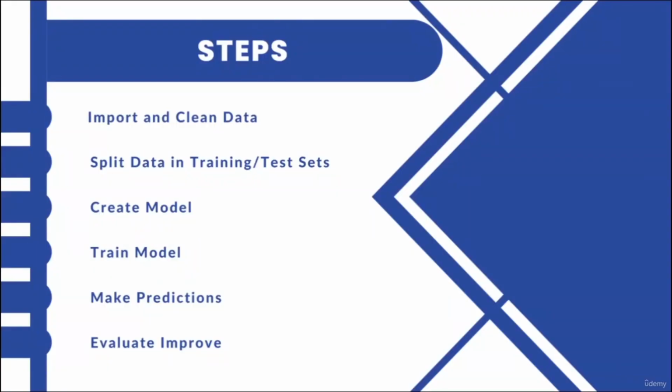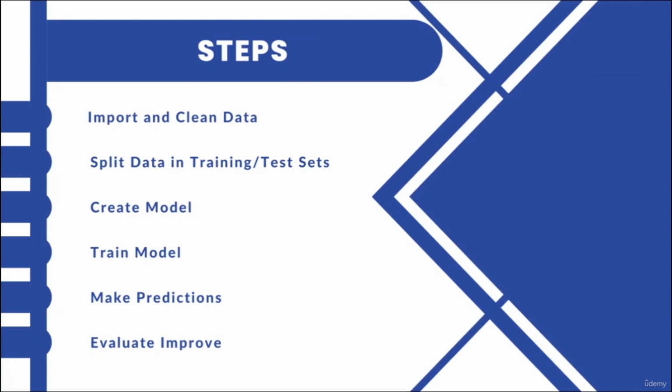So what are the steps required to make a machine learning model? First of all, we have to import and clean our data. We discussed how to get our data. When a new user signs up, he's going to give us his age and sex and the preference of music he likes. Then we're going to clean that data if there are null values or unfit values recorded in the data. We're going to split our data into training and testing data sets.